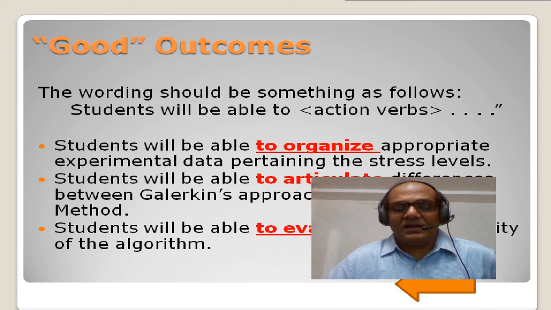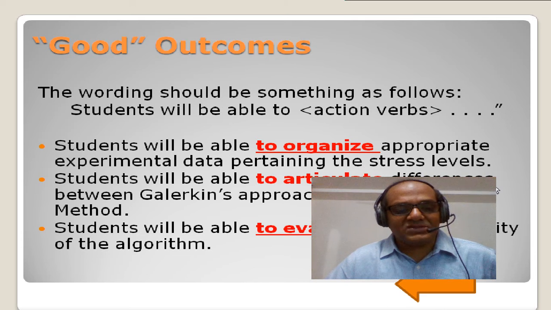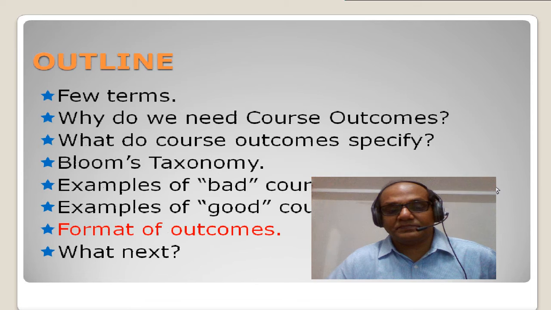This kind of style gives you a very concise and clear way of writing outcomes. I would encourage you to read this or maybe view these couple of slides in the video once again before you set out to write course learning outcomes.